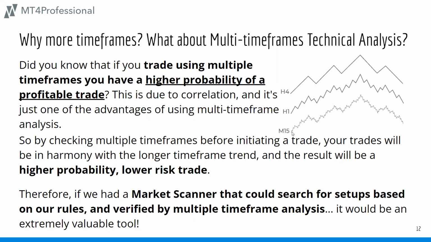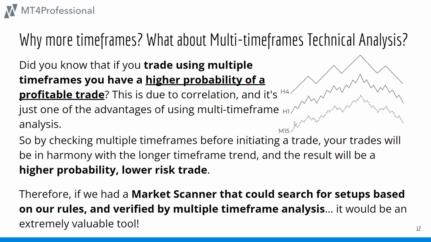So if you're trading a 15-minute chart using a 4 or 1-hour chart as a confirmation, then you're only going to be taking long trades as the longer 4-hour trend continues. Only when it starts to correct will you be looking at or taking any of these short-term trades.